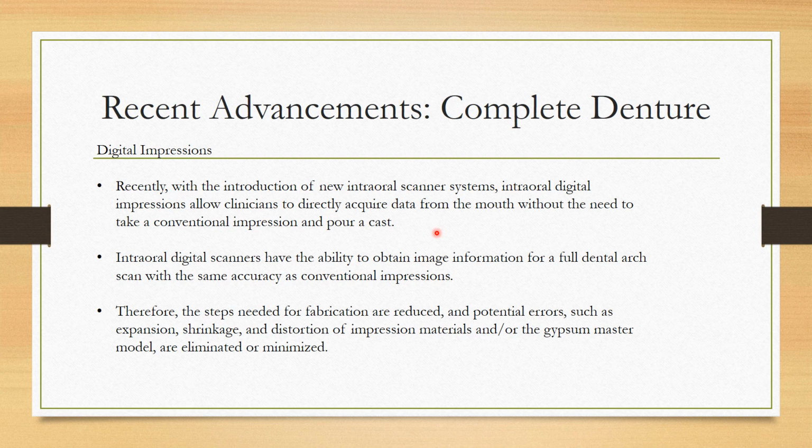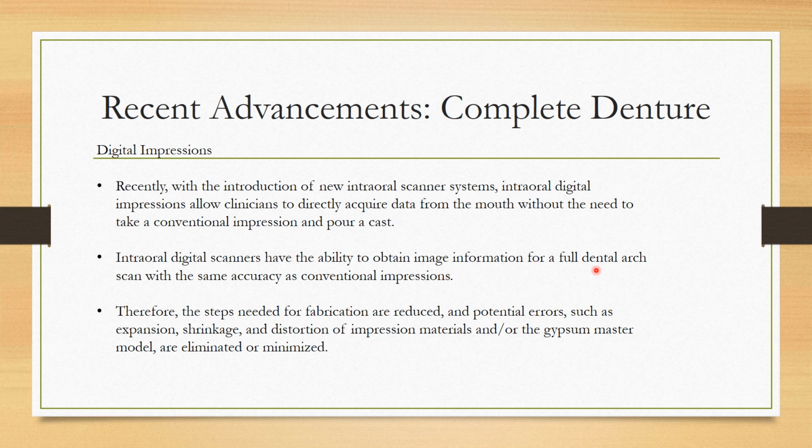The intraoral digital impression allows the clinician to directly acquire the data from the mouth without pouring a cast or making a conventional impression, and basically without the error factors.